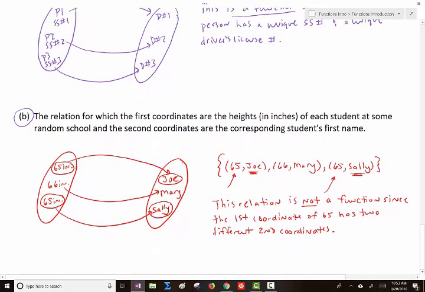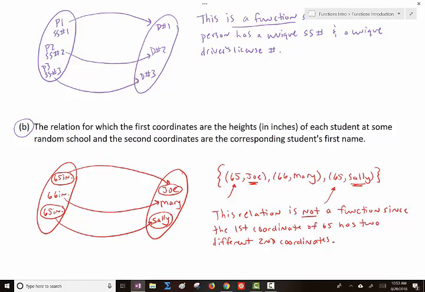And that, of course, violates the definition of a function. It still is a relation, but it's not a function because you're going to have people with the same height but different names. It's bound to happen. Can you imagine a universe for which this doesn't happen? Maybe, but not in this random school, as we're going to assume.